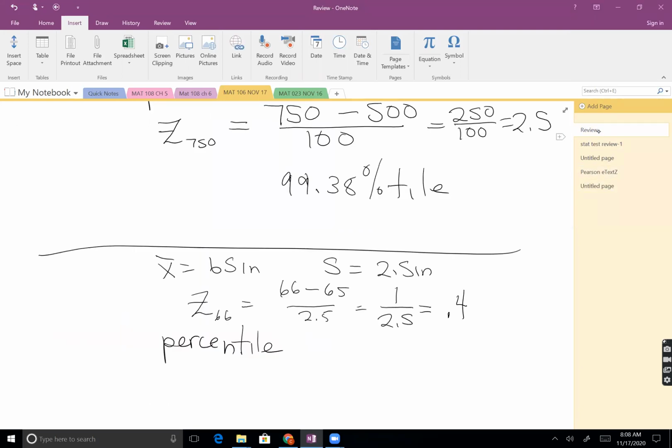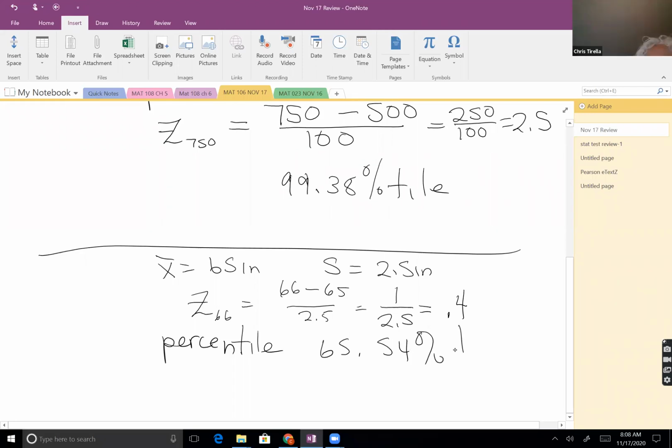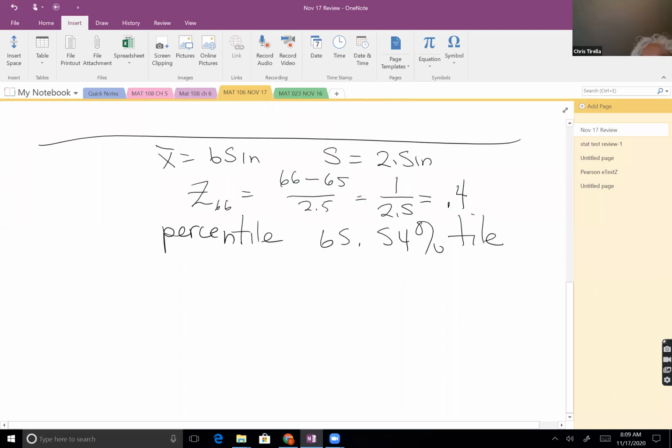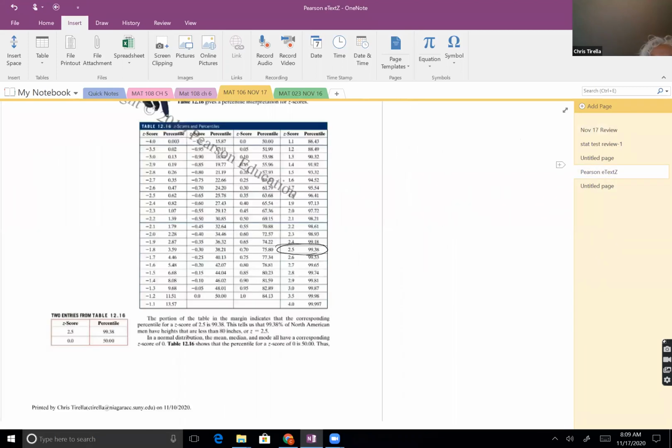Wait, say that again, I'm sorry. Hang on, let me try to make a video. If they ask what percent is at or below that, we've got the Z-score to find the percent. We're going to go to this Z table.